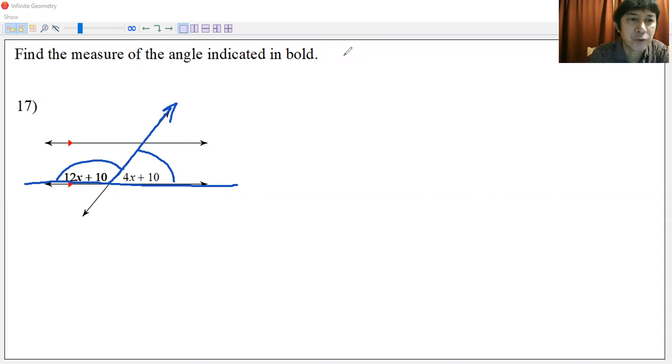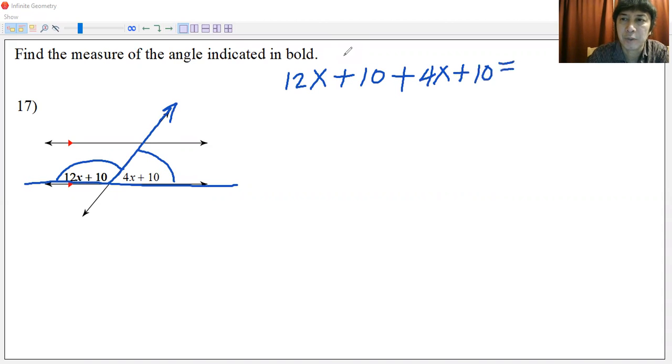It's a matter of recognizing the diagram, what type of angle pair. So we have here 12x plus 10. We will add the other supplement, that's 4x plus 10. Their sum is 180.